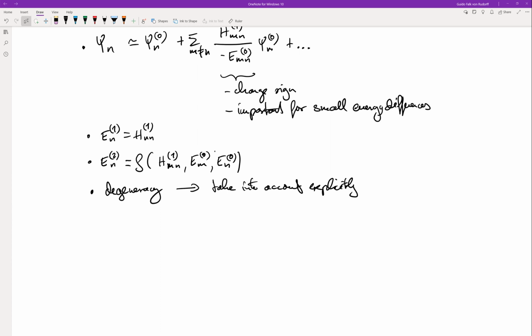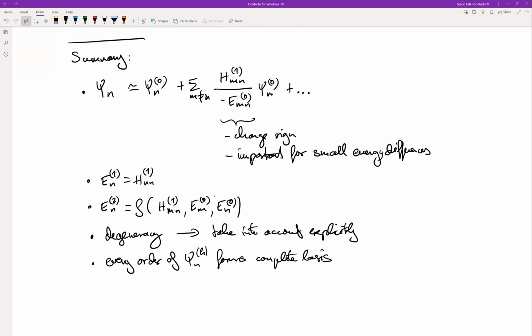We have also seen that in this expansion picture, every order of the expanded wave function, say psi n at order k, forms a complete basis. So you can project those individual components.